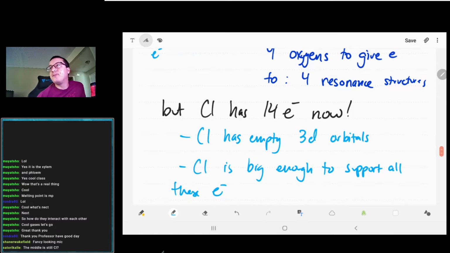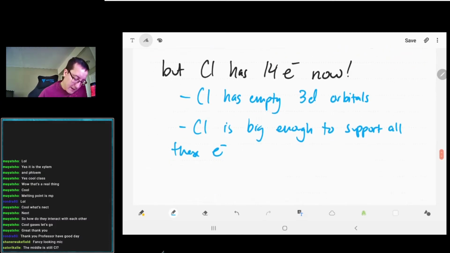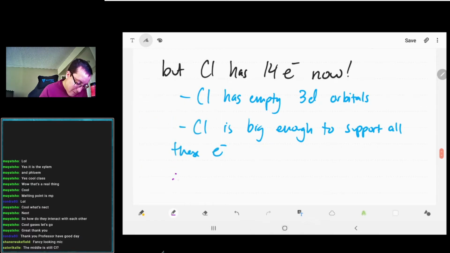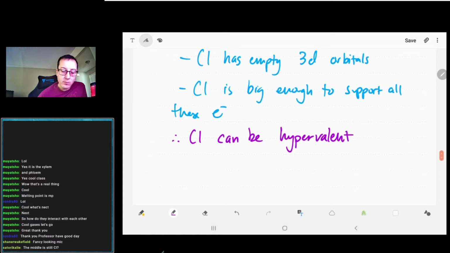And as a result, it can be hypervalent. Hypervalent means it is above 8 electrons.